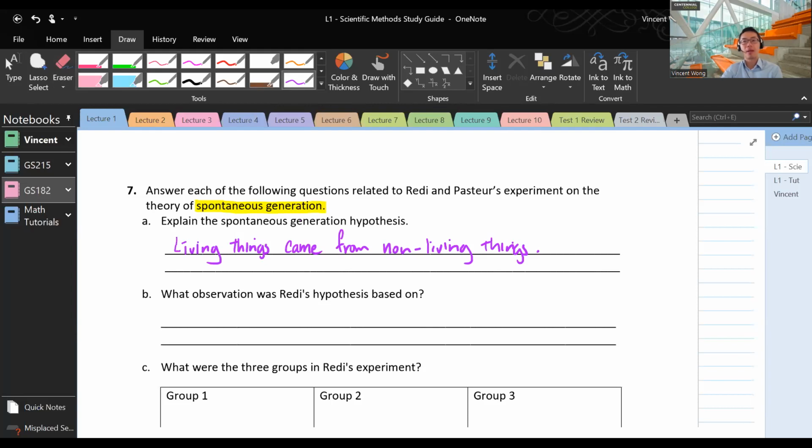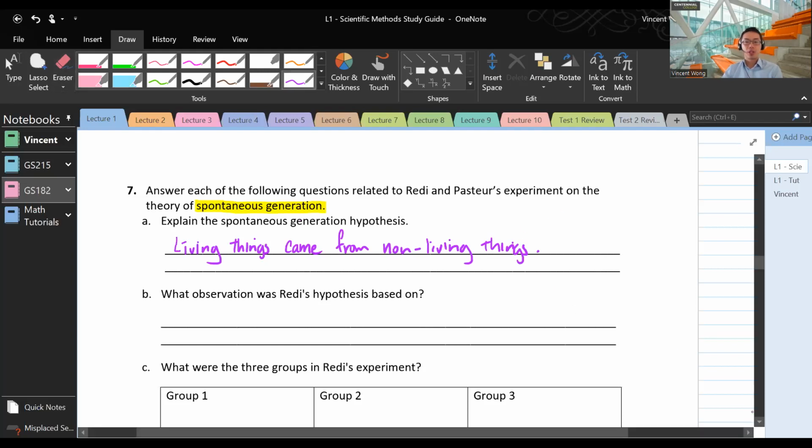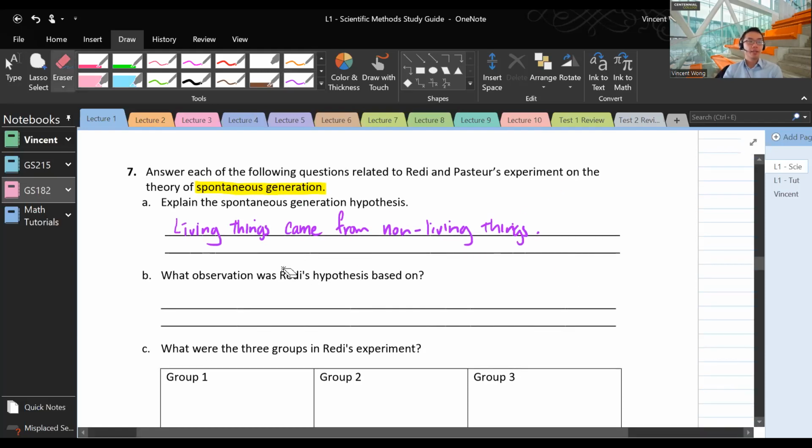And flies. So maggots, being the living thing, came from the piece of meat, which was non-living. So Redi is the guy who's going to be doing the experiment to see whether spontaneous generation was true. So the observation that he made his hypothesis on was basically what I just described to you.